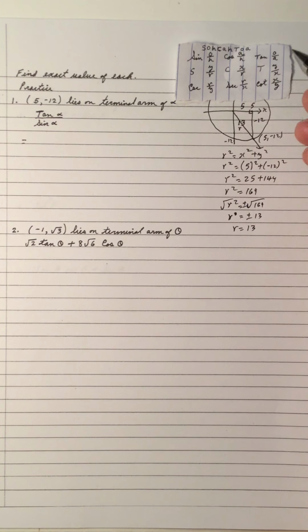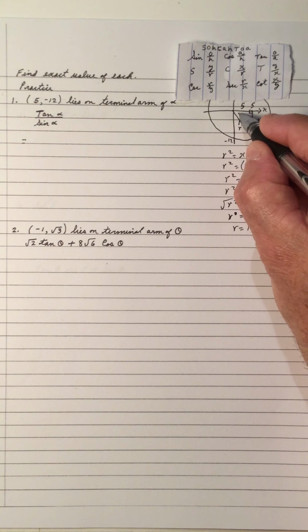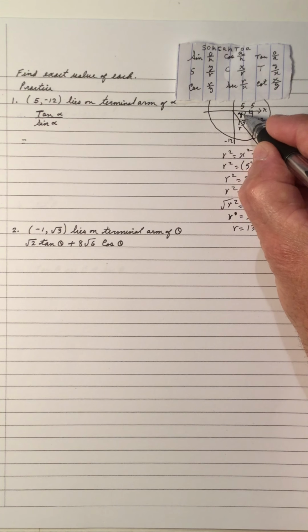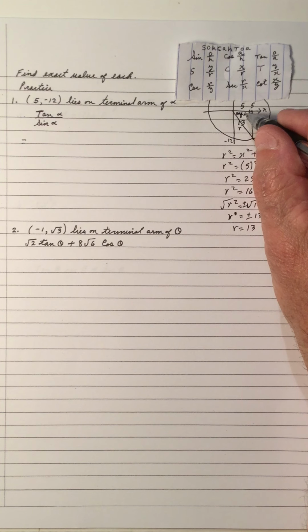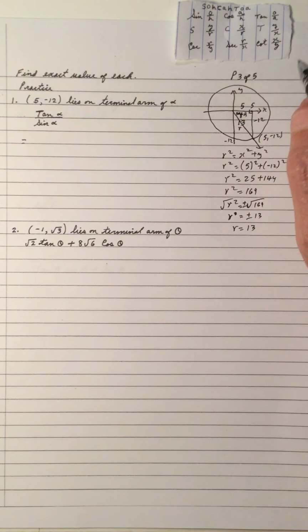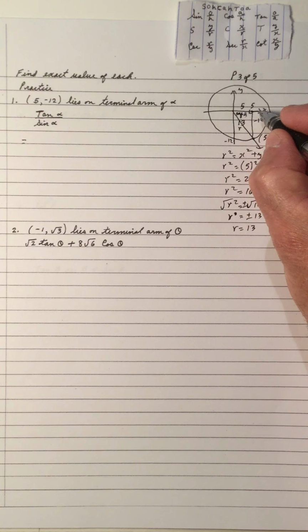Tan is the y over the x. So the y is in terms of this angle. This angle is the reference angle in this corner. That's what determines the opposite, adjacent, and the hypotenuse, this reference angle right here. Oh, and just to explain, alpha is the rotation from the initial arm.